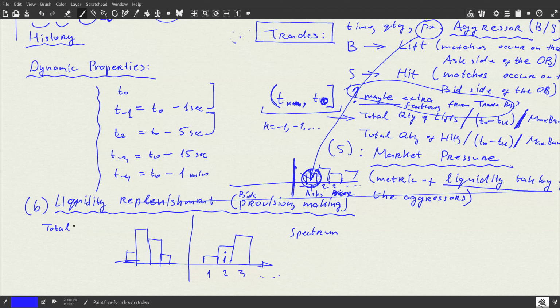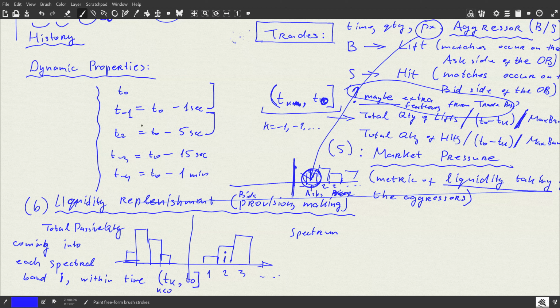And you would compute the total passive quantity coming into each spectral band I within time from tk, where k is less than 0, to t0, not including tk, but including t0.